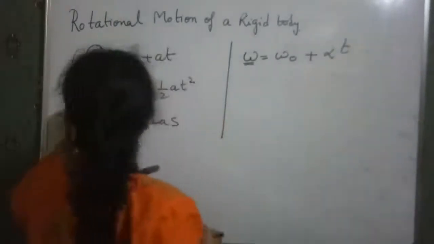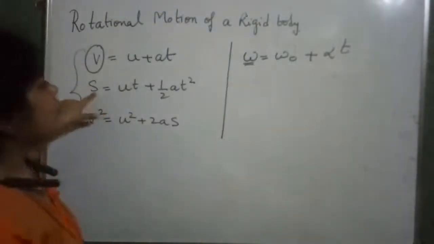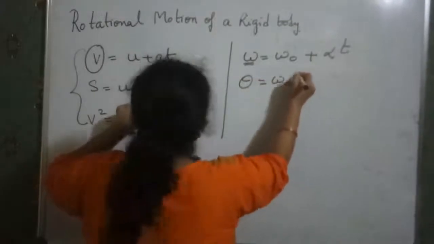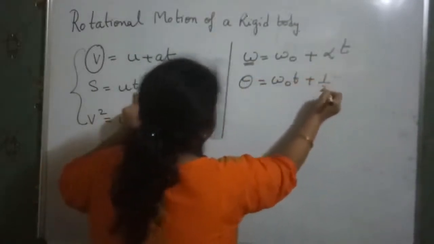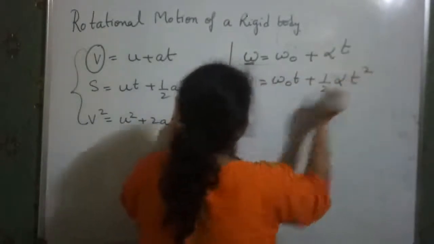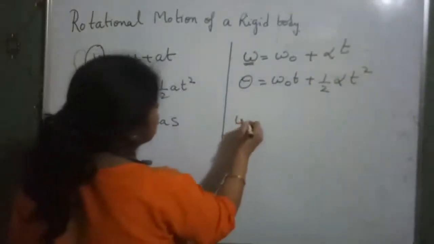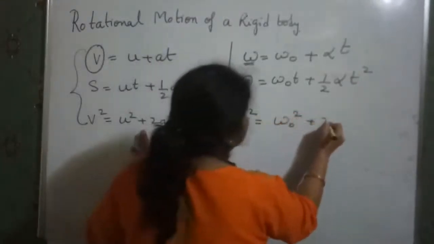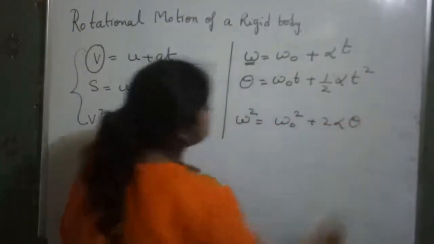Clear? Now, in place of s, we write theta, and it is equal to omega 0 t plus half alpha t square, with alpha in place of acceleration. Similarly, v square becomes omega square, which is equal to omega 0 square plus 2 alpha theta.